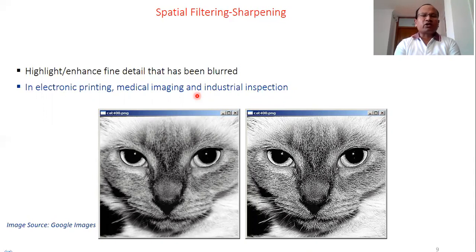In medical imaging, the minute details inside the images of the lung, breast, head, MRI, chest, CT, play a significant role. If a minute detail is suppressed or overlooked, the diagnosis result may be poor. So in such applications, and industrial inspections, the sharpening operation is used.